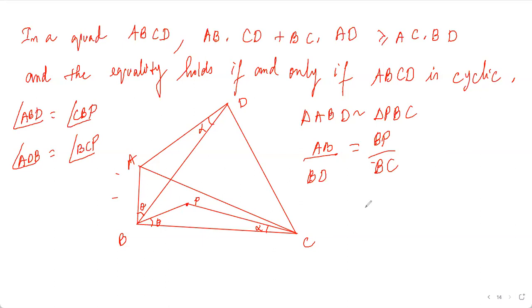Okay, and also look at this, that AD by BD is equal to PC by BC. And now from here I get AD times BC is equal to BD times PC.